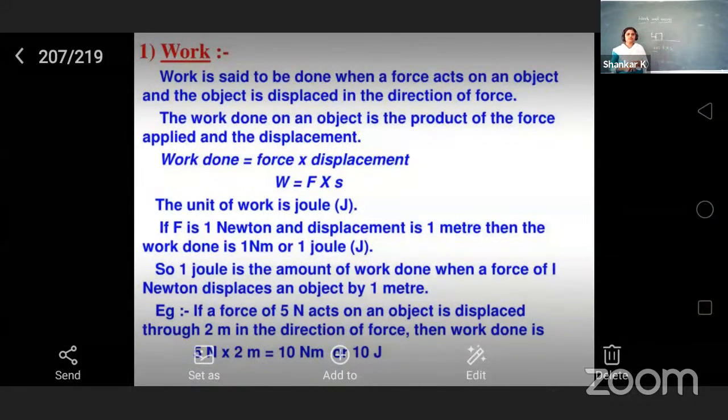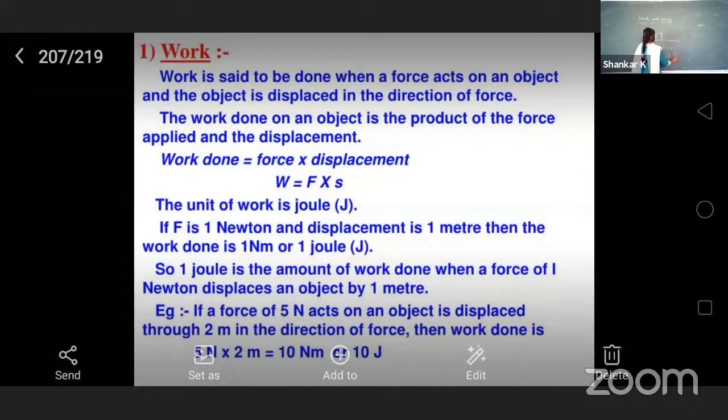So what is the unit of work? In the last lesson we learned about acceleration, displacement and units. So here W means work, and the SI unit of work is joule.